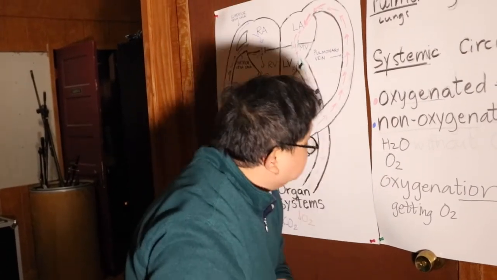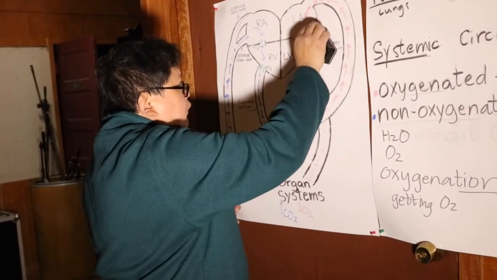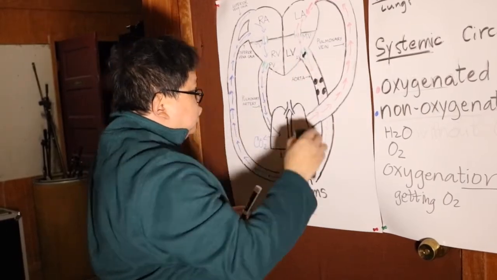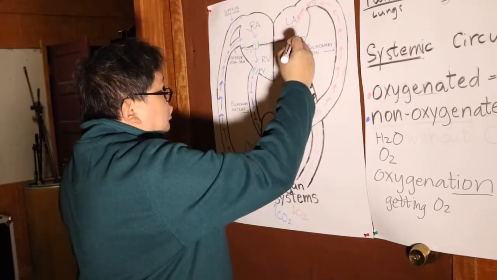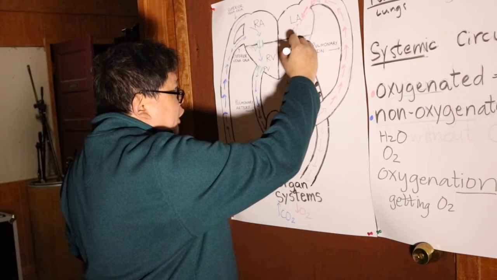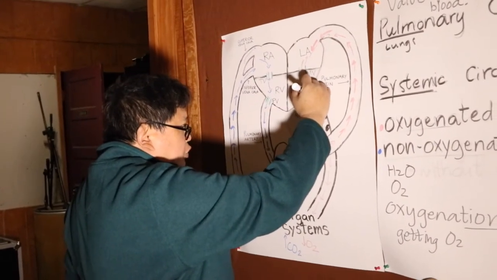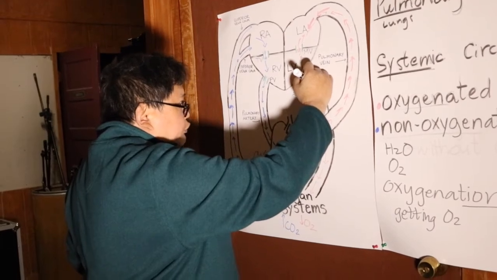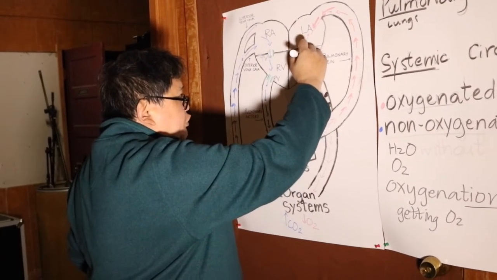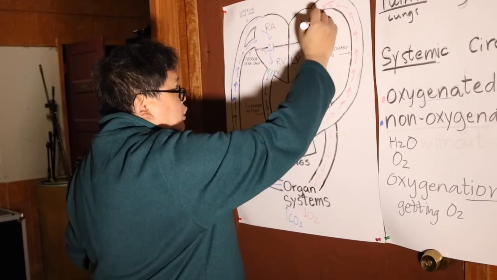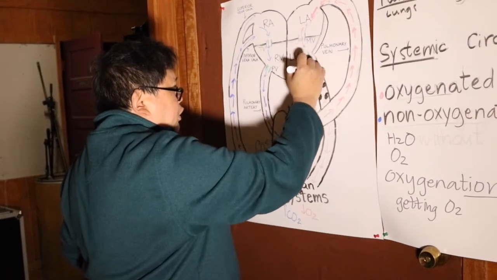What do you think? It will become bigger. Why? Because blood cannot pass through. So there is blood trying to go here, trying to leave the heart, and there is also blood trying to get back. So your heart will become bigger and bigger.